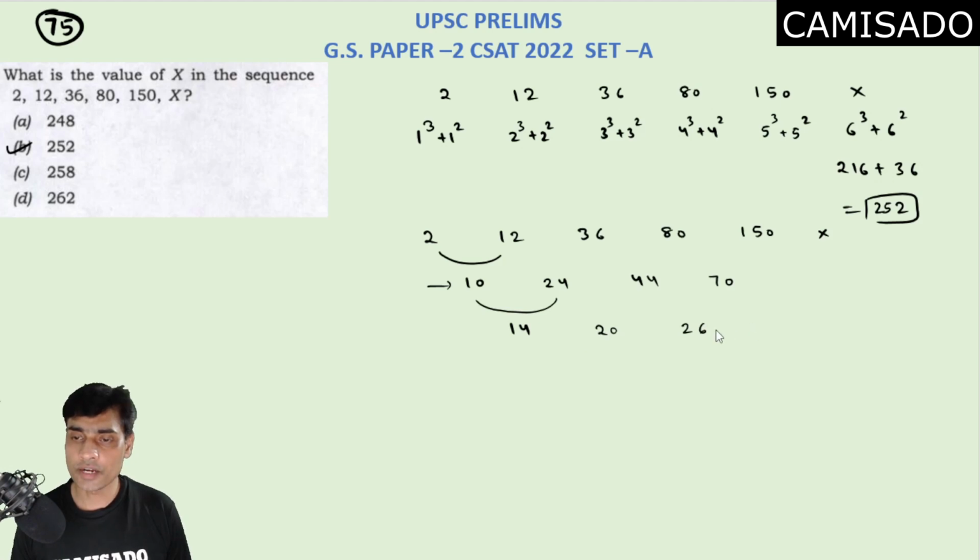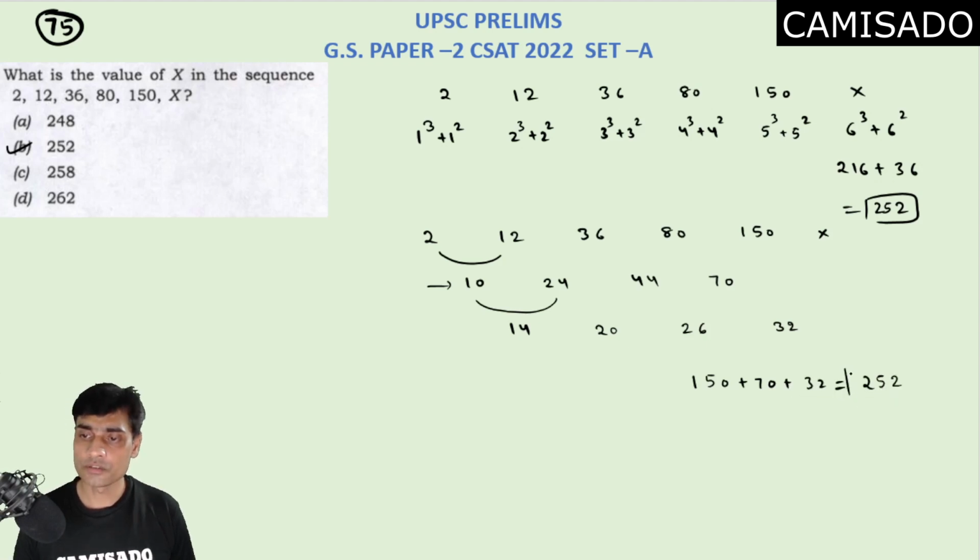Now again when we add 6 to it, you will get 32. So the correct answer will be 150 plus 70 plus 32, it will be 252 again. So this method can also be used. I am saying that such problems are good, but practice is required basically.